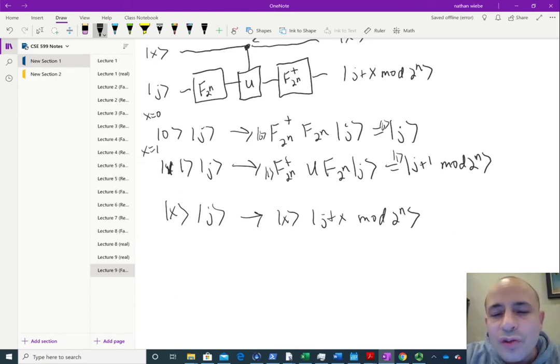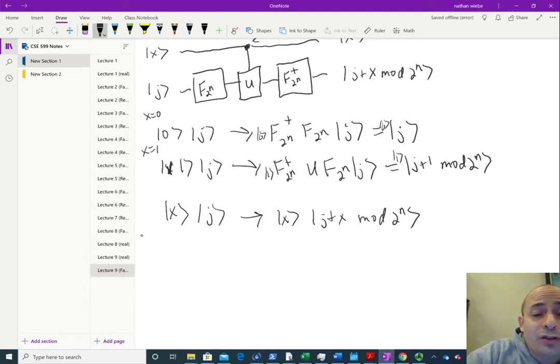Great. So we've actually built more than just a controlled incrementer here. What we've built is a 1-qubit adder. If we have a single qubit and we want to add it to an n-qubit register, we can use this in order to build it. Okay, and so actually we're a good chunk of our way done towards building a general adder.